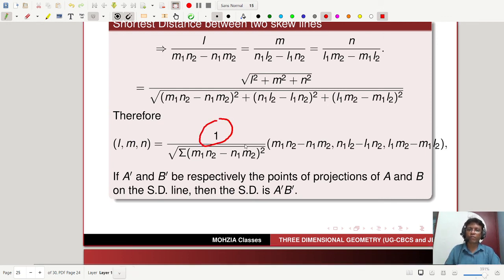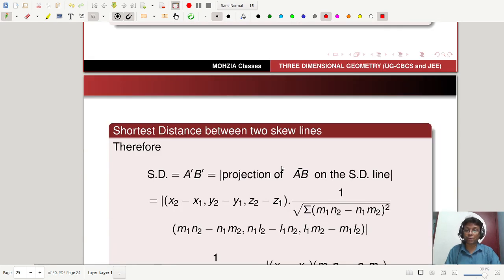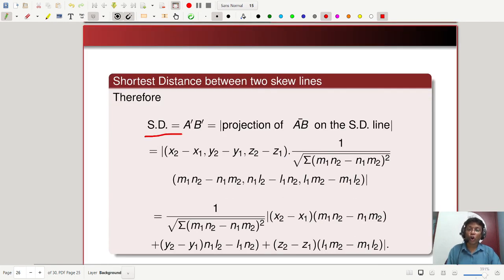So you have 1 in the numerator, and finally you have l, m, n in terms of these known quantities: m1, n1, n2, l2, m1, everything is known to you. So you got l, m, n in terms of these known quantities. Now I was talking about A dash and B dash being the respective points of projection of A and B on the straight line. Then the shortest distance is actually A dash B dash. Therefore, the shortest distance is nothing but your A dash B dash.